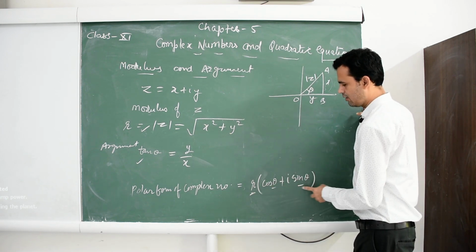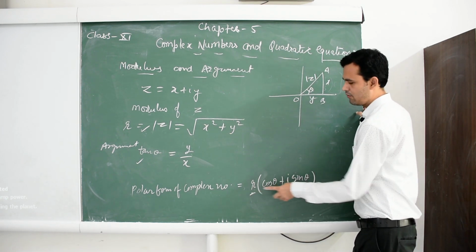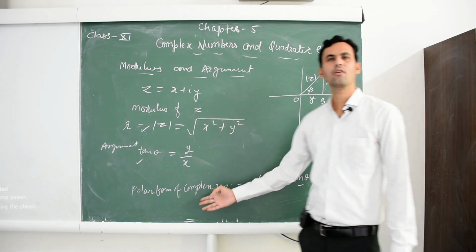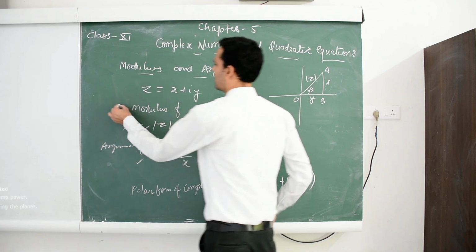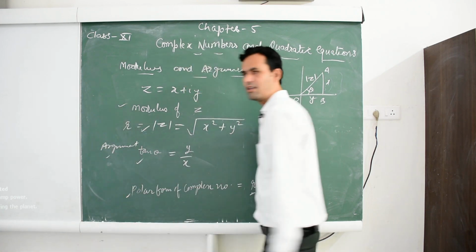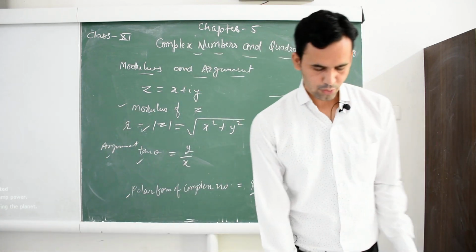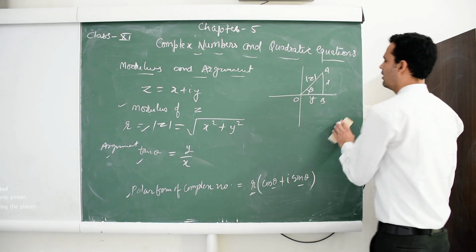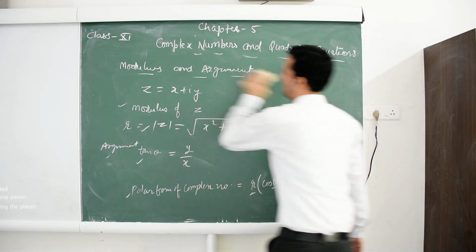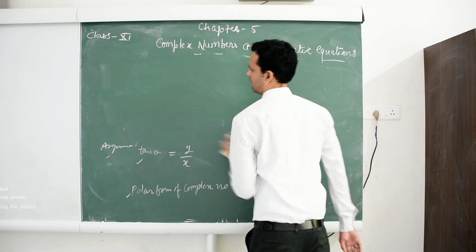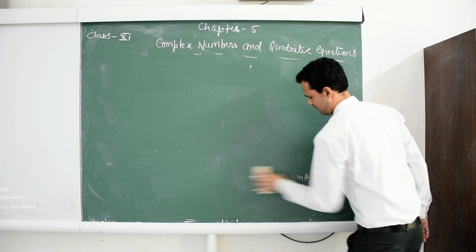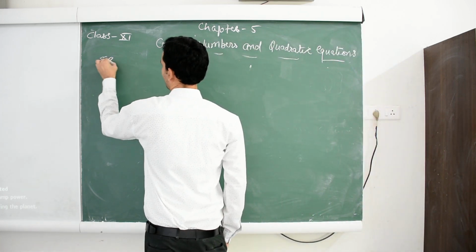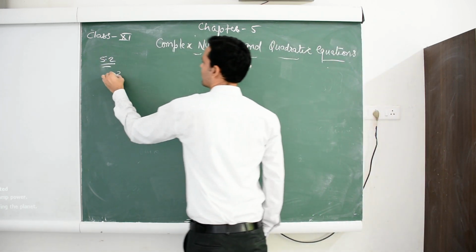If we put the values of these two here, then we get the polar form of the complex number. So these three things are important for the next exercise, 5.2. Exercise 5.2, question number 1. Exercise 5.2, question number 2.